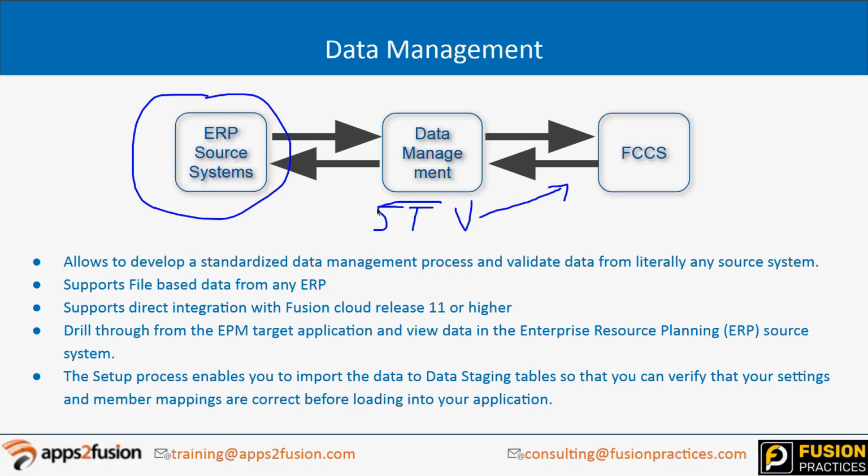Okay, now what is the benefit of the staging table? You will also be able to drill back from FCCS into the staging table and then all the way back to the ERP. So if the ERP has direct integration, in this case Fusion Cloud, they have a landing page for all drill back requests for the exact intersection.